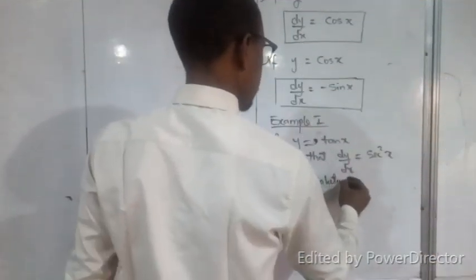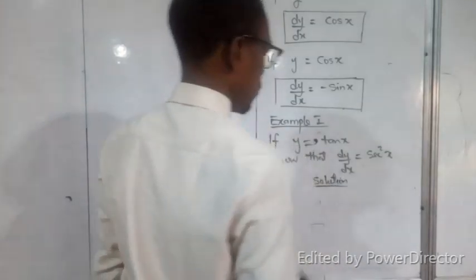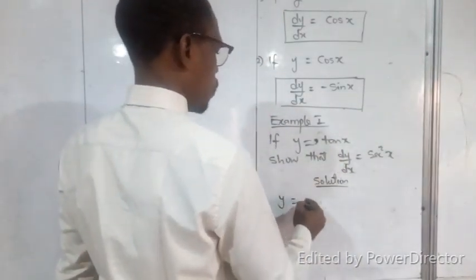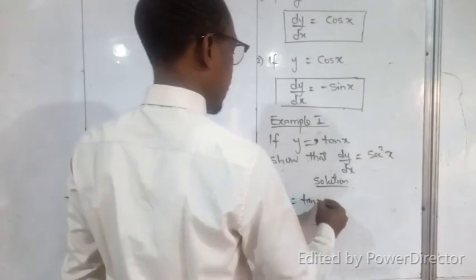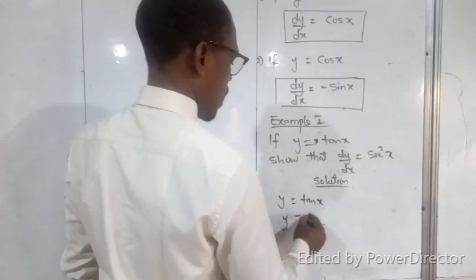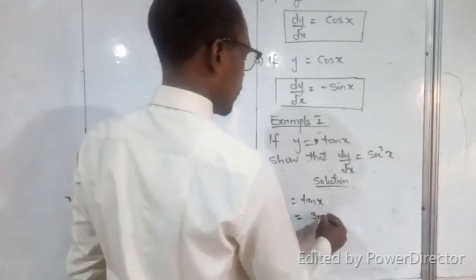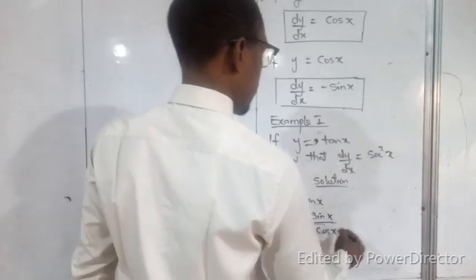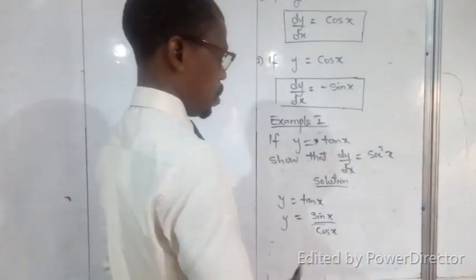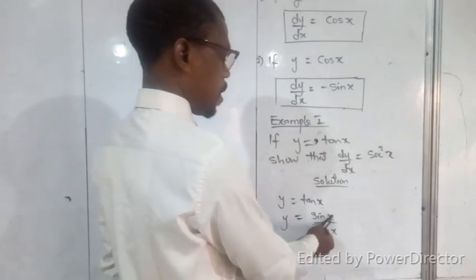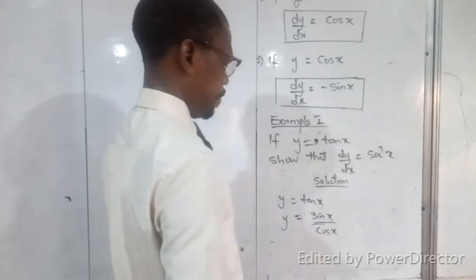Solution: in this equation, y is equal to tan x. It implies that y is equal to sine x over cos x. In our trig ratio, we know that tan x is equal to sine x over cos x.